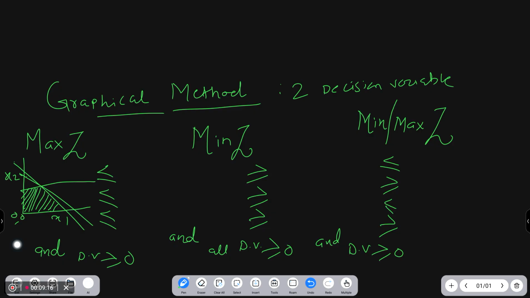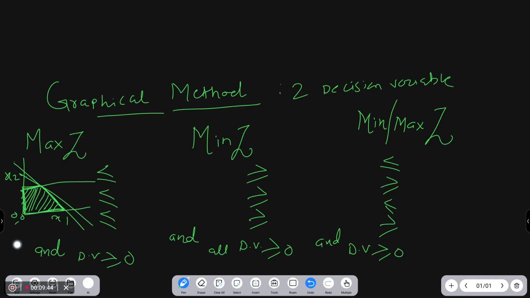Why? Because my given problem is of max type and all constraints are in canonical form, right? When such scenarios occur, my region must be towards what? 0. And you have to mark this region in such a way that all equations must be touched at at least one intersect point.